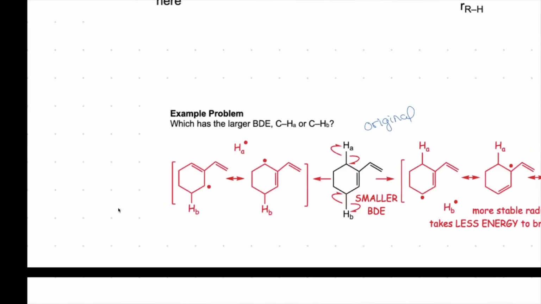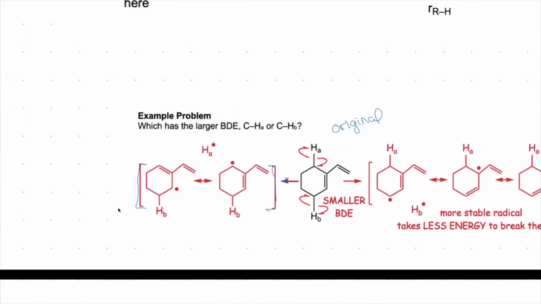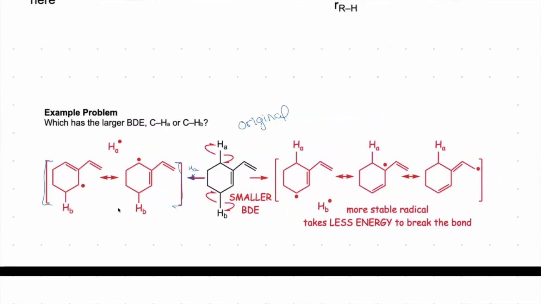Yeah, that's because this is resonant. See how we have these arrows and then these brackets denote our resonant structure. In this case, going this way, we're breaking the HA bond, and if we go this way, we're breaking the HB bond.